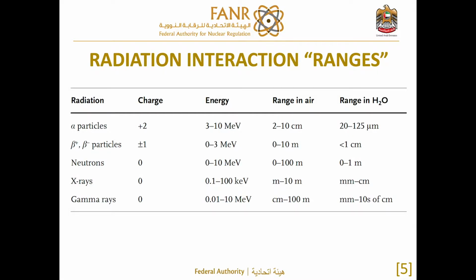For neutrons, as we will see, the interaction is very different, but a final conclusion from this table is, first of all, different radiation have very different penetration depths into materials, depending on their nature and not only their energy. Plus, we also need to add that the mechanisms of interaction of charged particles are very different from the mechanisms of interactions of photons on one hand and neutrons, but both photons and neutrons are uncharged particles.